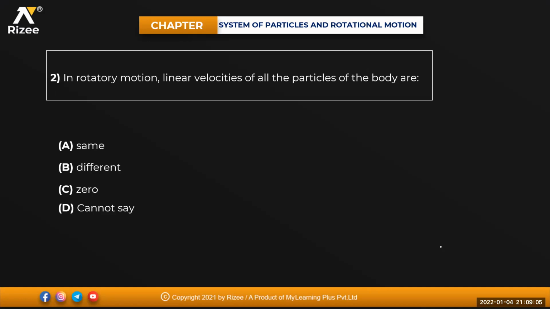In rotatory motion, linear velocity of all the particles of the body are same, different, zero, cannot say. See, this is some body and this is your fixed axis and it is rotating about this one with an angular velocity omega.